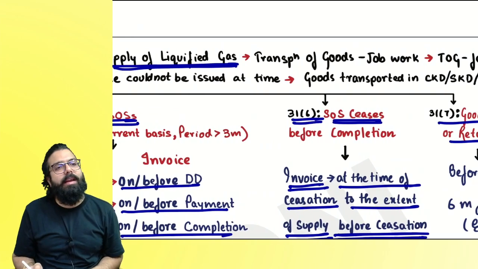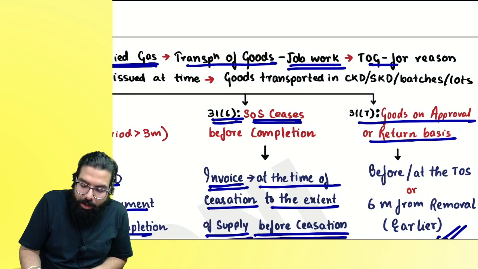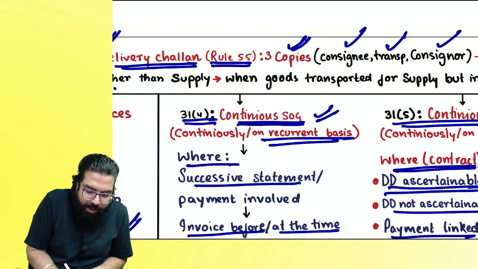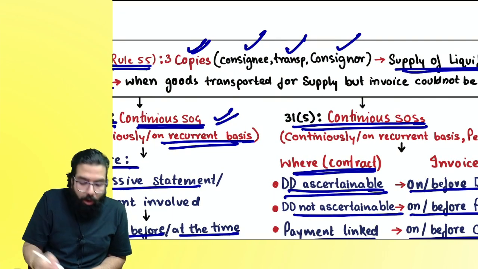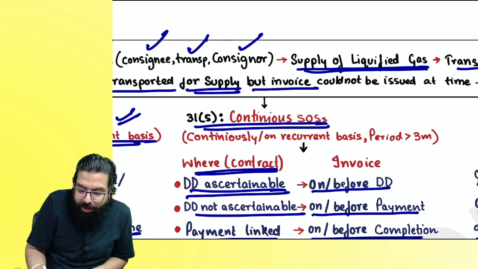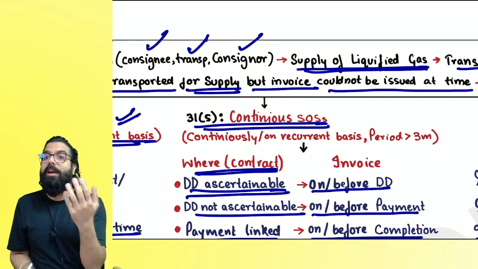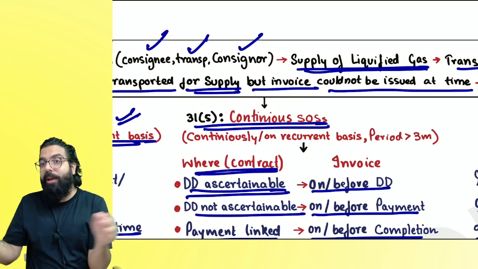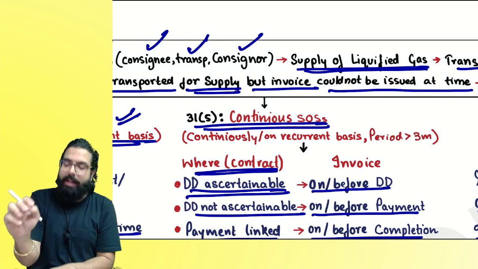Whenever you are sending liquefied gas, transporting goods to your job worker, transporting goods for reasons other than supply, such as sending goods for testing, or whenever goods are transported for supply but the invoice could not be issued at that time. At that time you can move on the basis of a delivery challan.